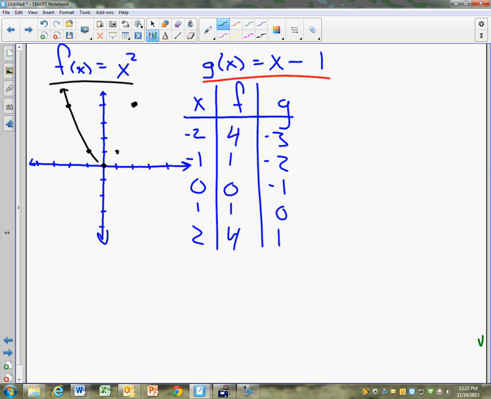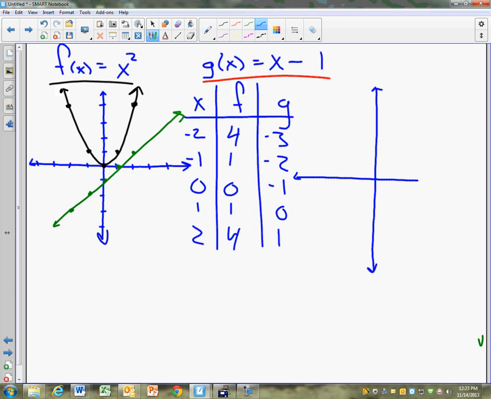Is everybody okay with where I got this graph? Now my next graph, I plot points. There you have it, I've got my two graphs. The only thing we did there was some scratch work, so now I can do this.